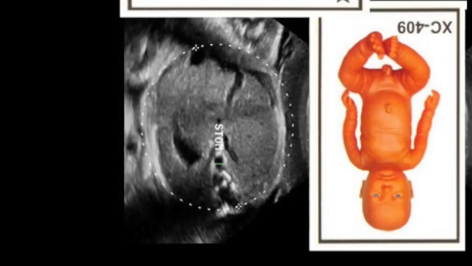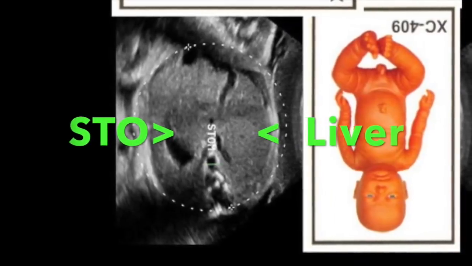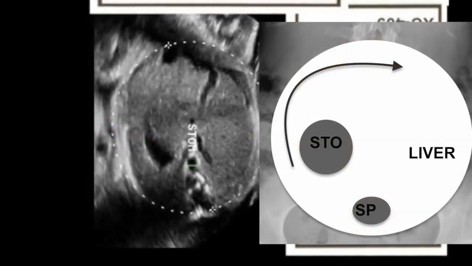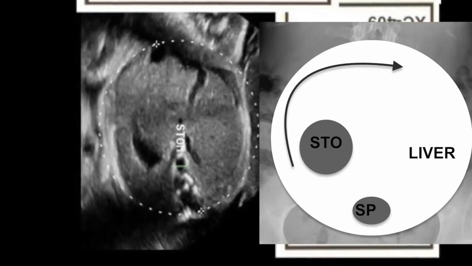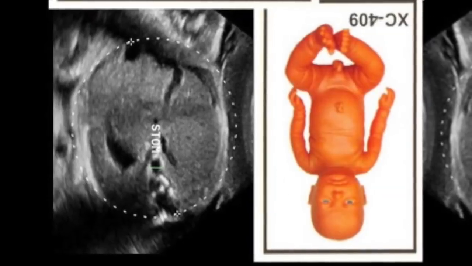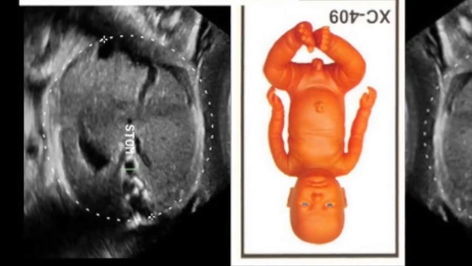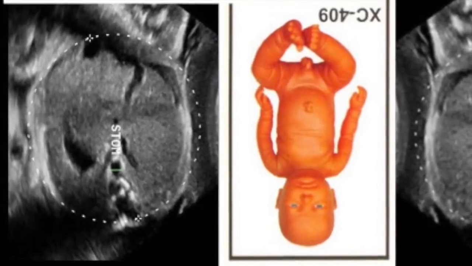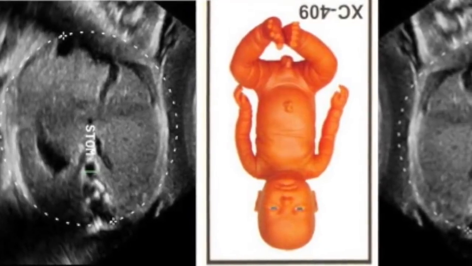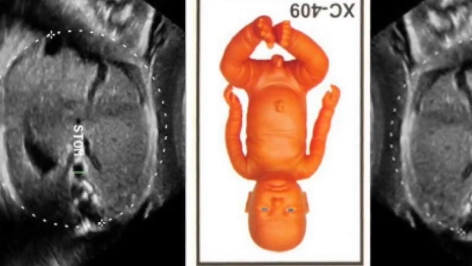You start from the descending aorta and draw a circle: stomach, the umbilical vein, and here the liver comes, and the gallbladder is seen most of the time. Whenever it is in the clockwise direction, then this fetus has to be in a cephalic presentation. The spine may be anywhere, but whenever this circle is in a clockwise direction, you know that this has to be a cephalic presentation. If it is not, then there is a situs inversus because the right and left don't match.